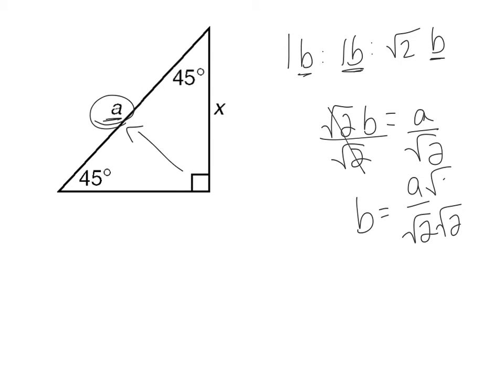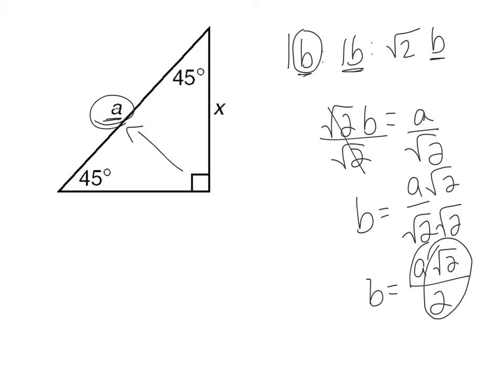Rationalize this guy. So it's a radical 2 over 2. And so each one of the other sides, we just plug in a radical 2 over 2, excuse me, in this spot. And that's what each one of the sides are. That's an interesting question. Okay.